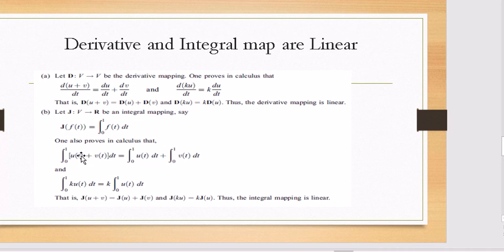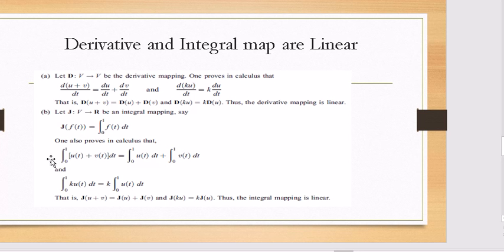This identity shows that if we sum two functions first and then apply the integral, it is the same as applying the integral to both functions and then summing them, and this gives us the same result. And the second property tells us that if we multiply a function by a constant and then apply the integral, it is the same as taking the integral of the function u and multiplying it by k.